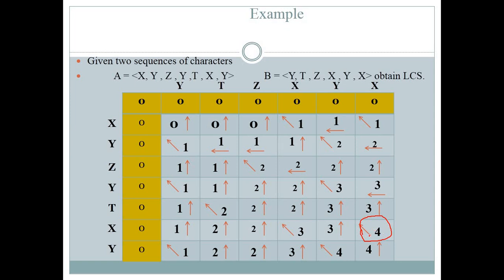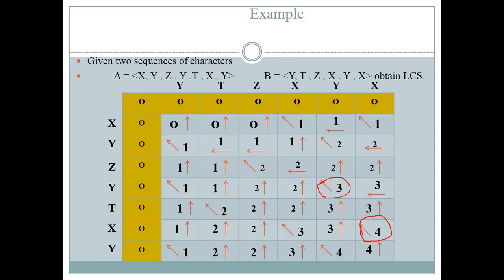This tilde sign arrow says go to the diagonal, so we go here. This sign says go to the above cell, and in that above cell we have a tilde sign again, so we put another circle here. After that it says go to the diagonal, so we go here.